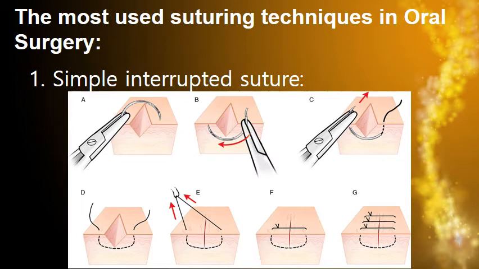The most common one, and we use it all the time in our dental clinic and in our oral surgery clinic, is the simple interrupted suture. The advantages of this suture: it is strong, placed 4 to 8 millimeters apart according to the length of the incision, so that the tension is shared.